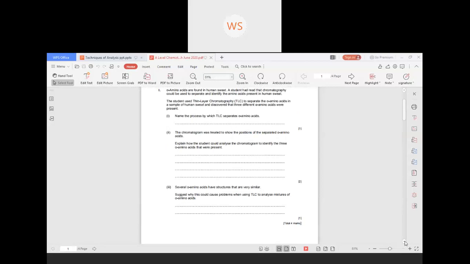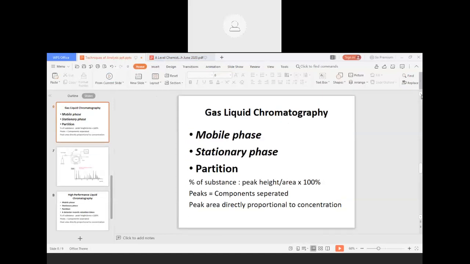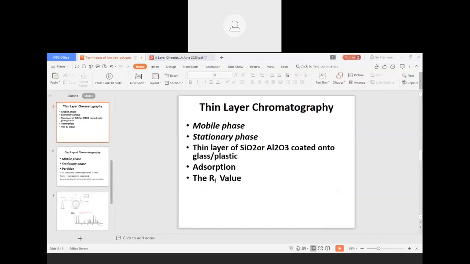You put the sample in one spot and then try different alpha amino acids in different spots until you have used all of them, and then you use thin layer chromatography.